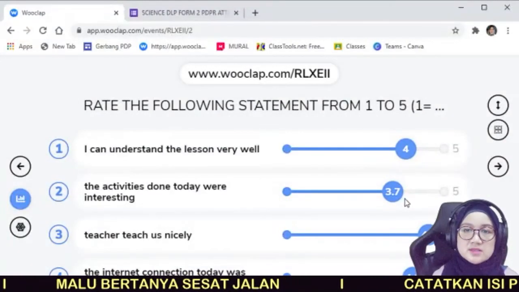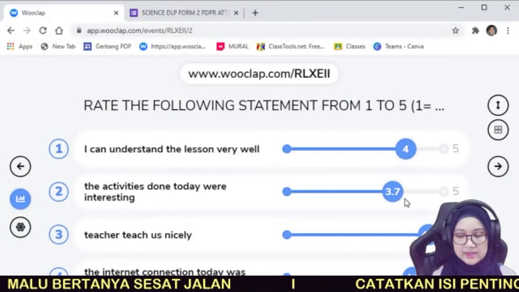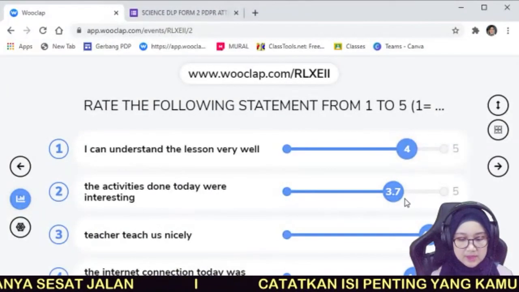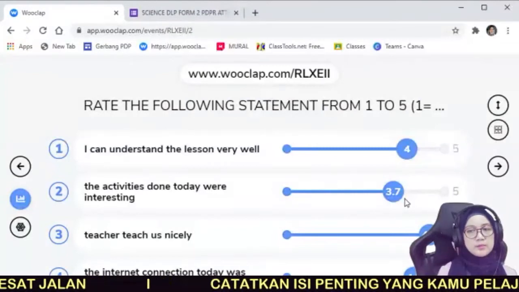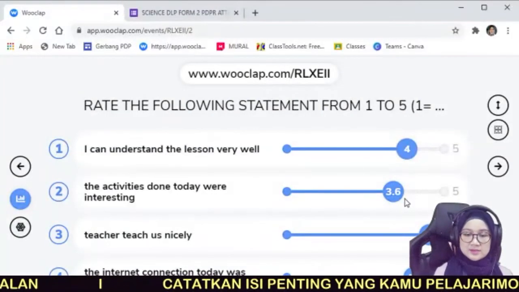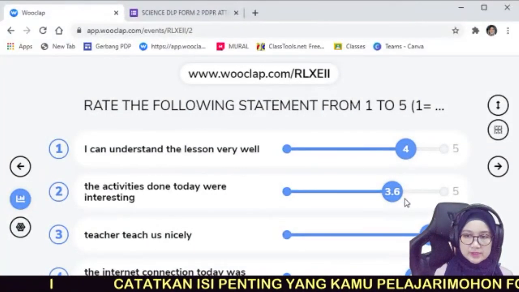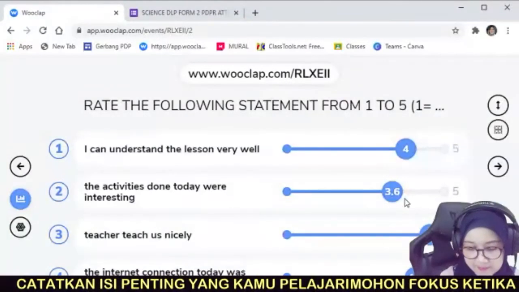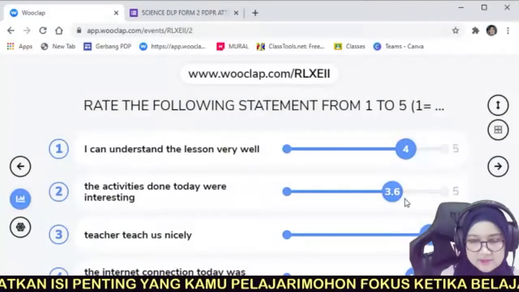Because the next topic is the continuation of the previous topic, that is biodiversity. We are going to learn about ecosystem. So it is an interesting topic for you to learn. We are going to learn about the energy flow in ecosystem, nutrient cycle, and so on.